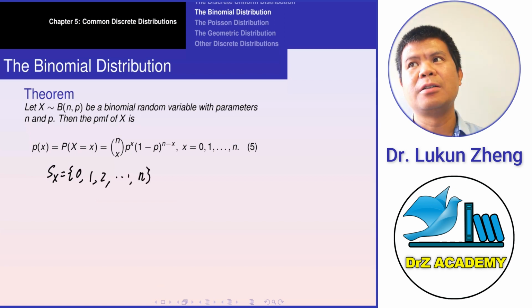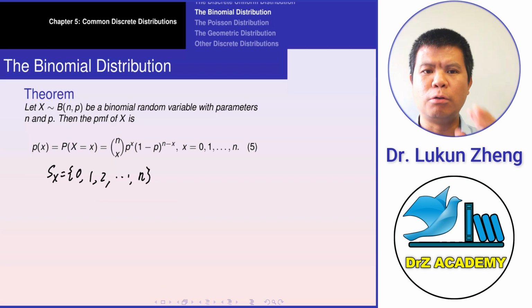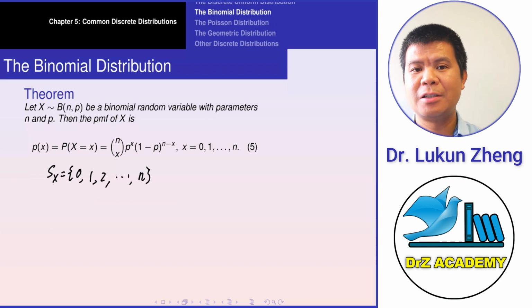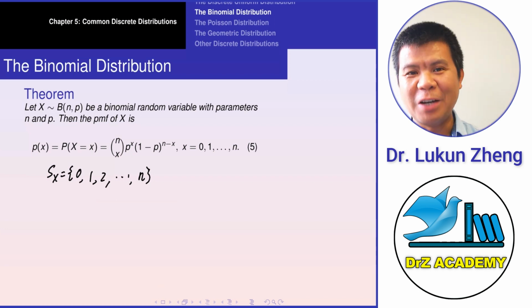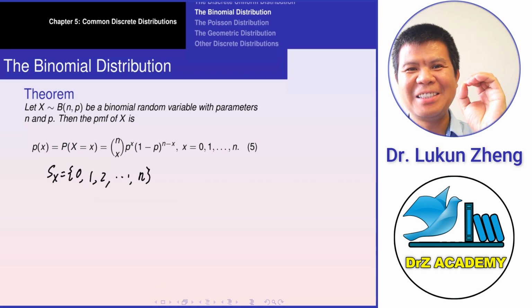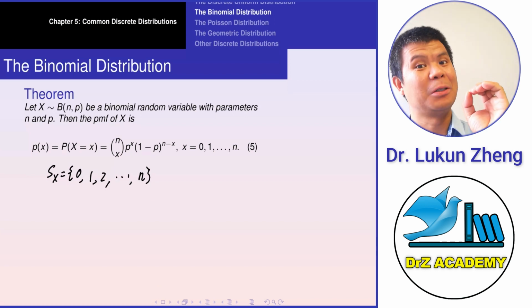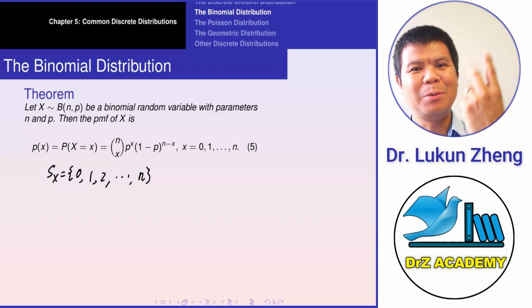That makes sense, just think about it. If you flip the coin 10 times, and X is the number of heads, the possible values of X can be 0, meaning no heads, all tails, and maybe 1, maybe 2.